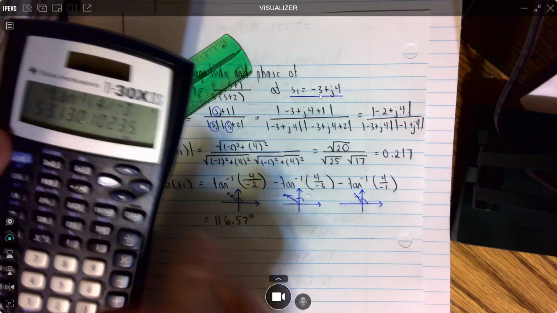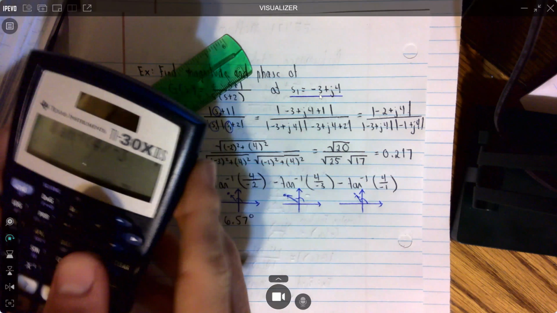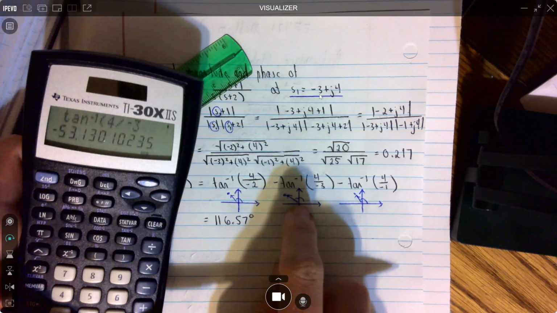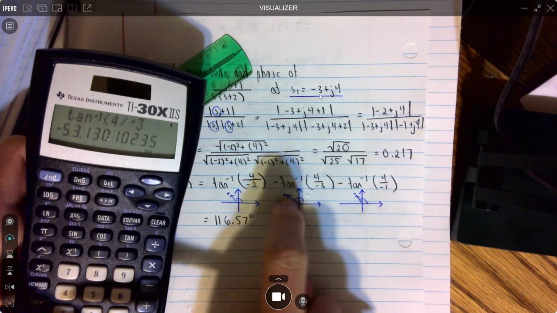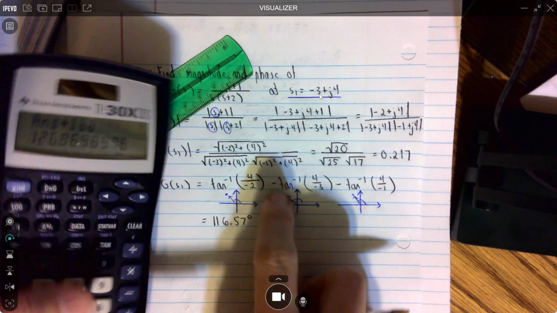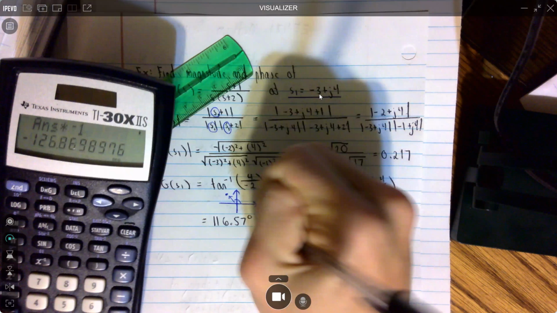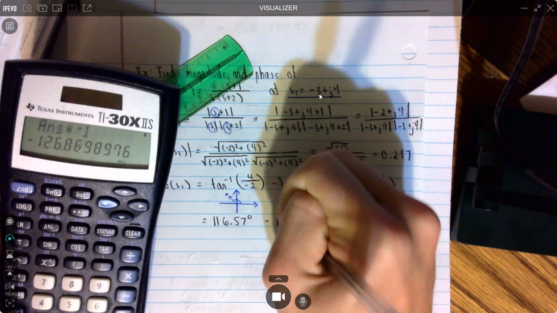For this one right here, with minus tan inverse of 4 divided by -3, I get 53.13, which, oh, that's because tan inverse of 4 divided by -3 is -53, but add 180 and you get 126, and remember the negative sign in front, so multiply by -1, and you get -126.87 degrees.